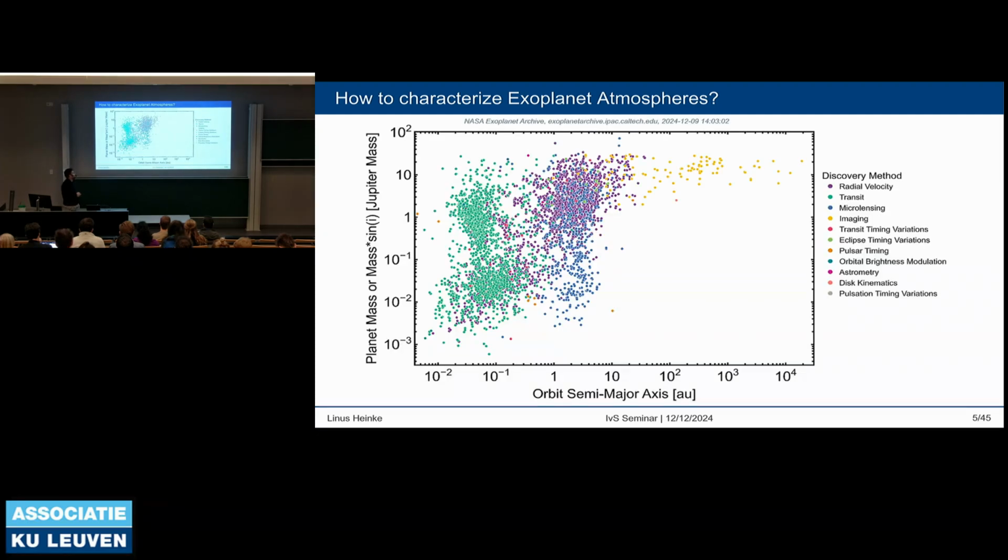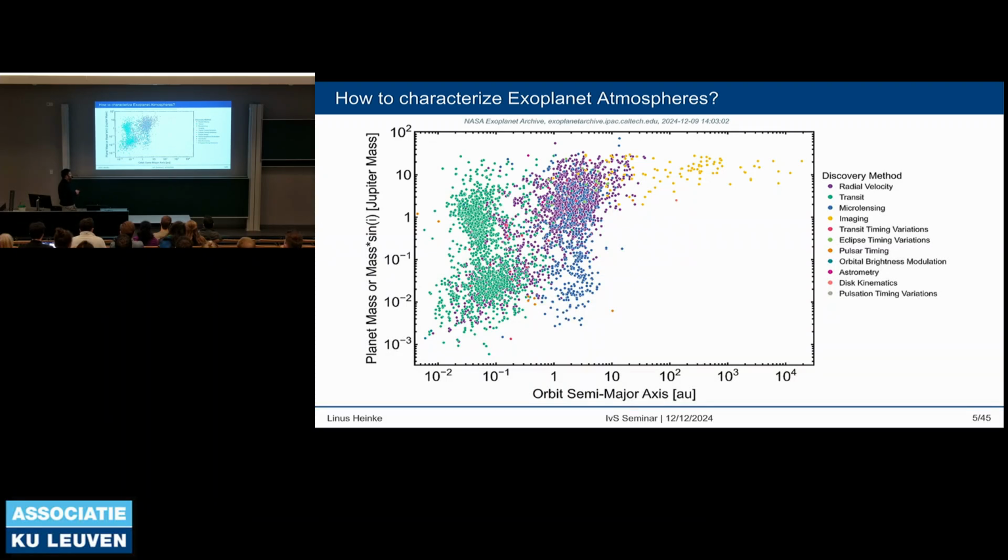In a diagram of how we detected exoplanets, the ones found by directly imaging them are quite large and also quite far away from their host stars, because it's difficult to disentangle the signal from star and planet. So most of the planets we find, we cannot currently directly image. There are, of course, people working on pushing these limits to smaller planets at smaller separations.